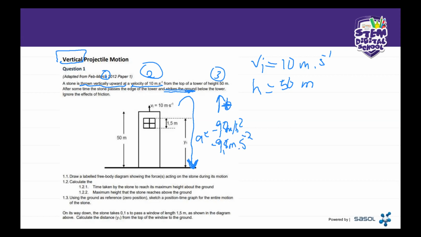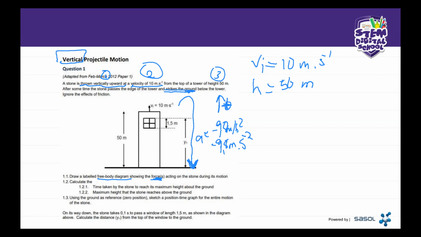Now we're going to start with the first question. It says here on 1.1, draw a labeled free body diagram showing the forces acting on the stone during its motion. So what is that going to be?